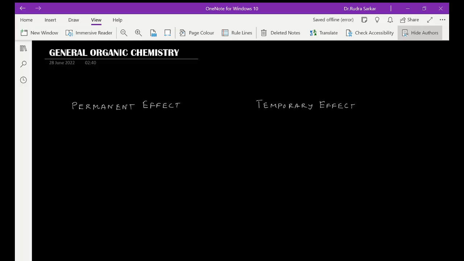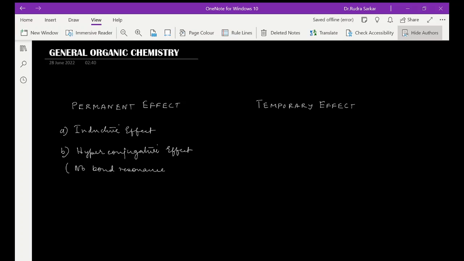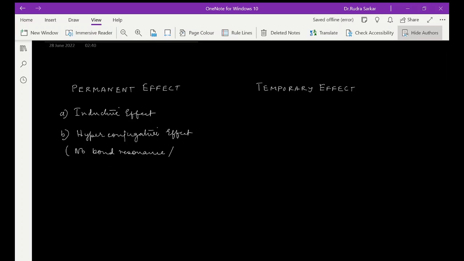Now under permanent effect we have four topics known as inductive effect, the hyperconjugative effect, the same is also known as no bond resonance, also may be known as the Baker-Nathan effect.